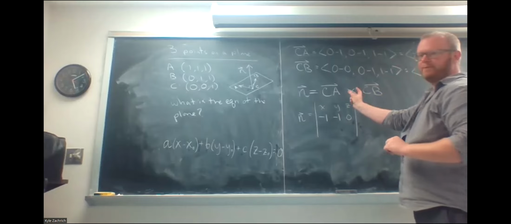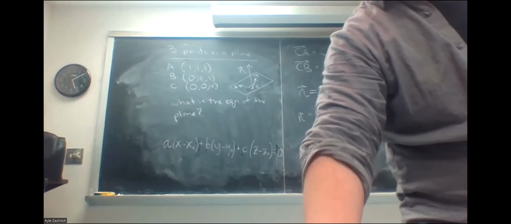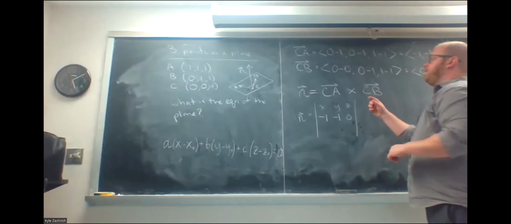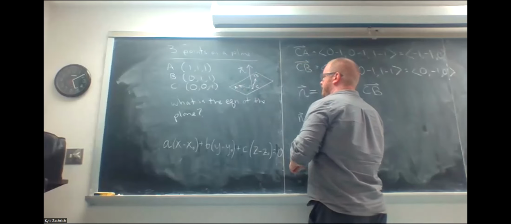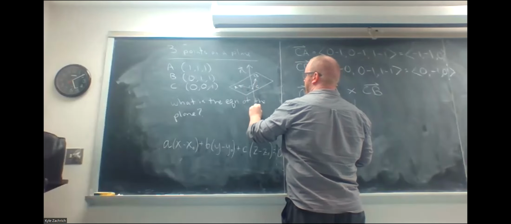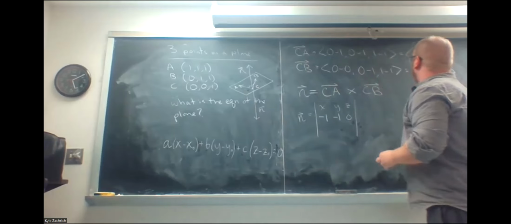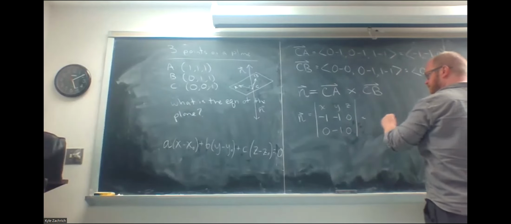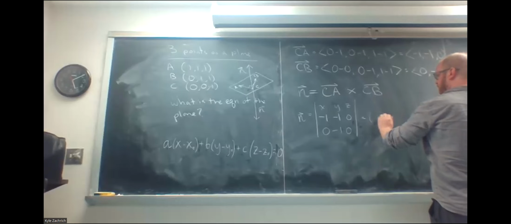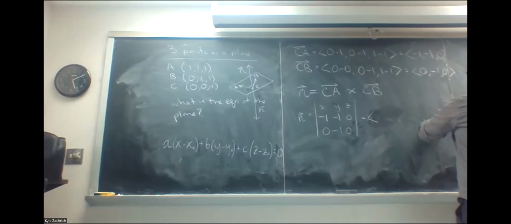Normally the order of these cross product vectors matters, but the only difference that you'll notice if you switch the order is that instead of getting this normal vector, you'll get the opposite normal vector, but that would work in the equation for a plane either way. So you remember the process here.